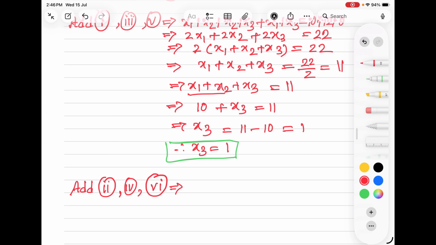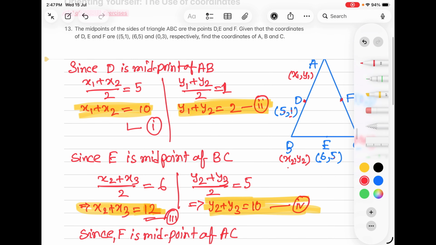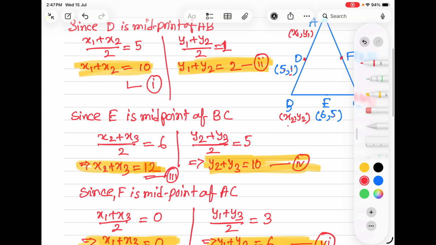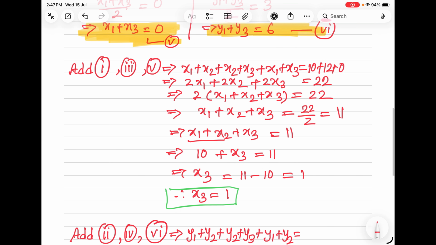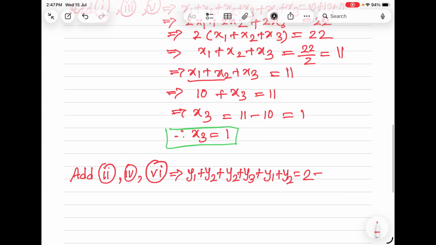Then we get y1 plus y2 plus y2 plus y3 plus y1 plus y2. Then you add the right hand side of these 3 equations: 2, 10 and 6. So 2 plus 10 plus 6 equals 18.